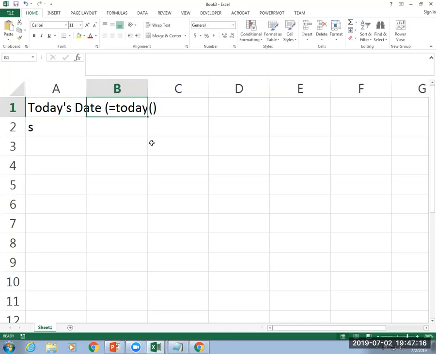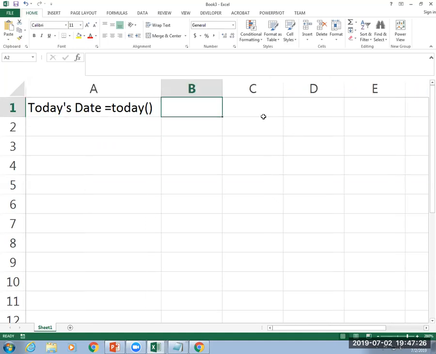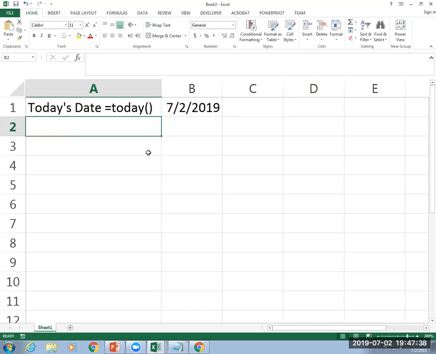That is how you do it in Excel. So if I go into like B1 and I say equals today, open and close paren, and press enter, it looks like it says 7/2/2019.